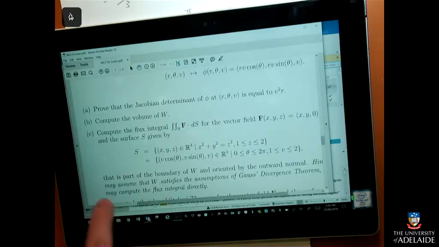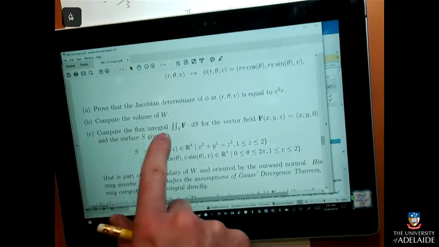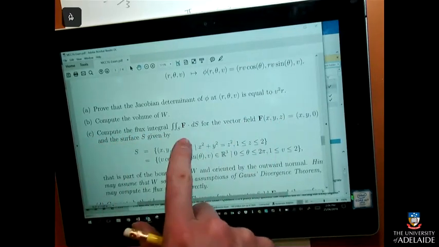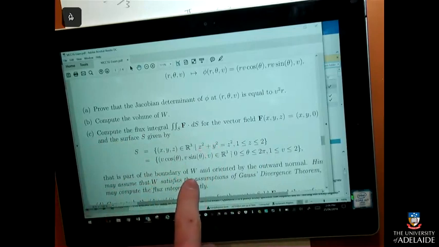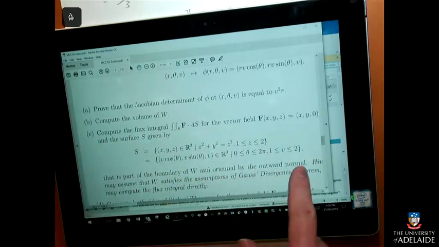Just a second. What? What grammar? Okay. Compute the flux integral for the vector field F and the surface given by blah that is part of the boundary of W and oriented outward normal. So they just want the part of that surface that's part of the boundary of W? Or are they just declaring that this is the boundary of W?